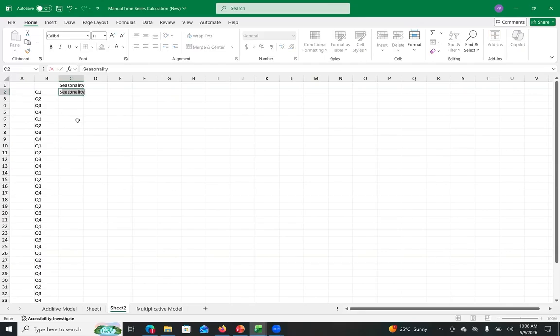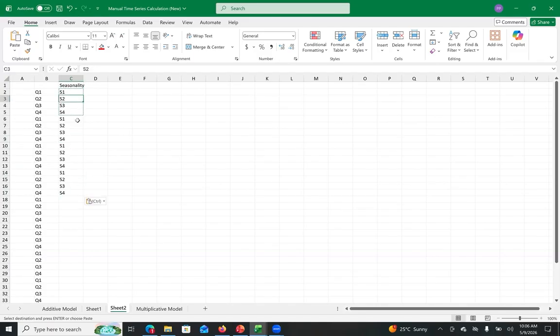Seasonality value 1, seasonality value 2, seasonality value 3, seasonality value 4, and then the same values will again repeat. Makes sense? The same value will repeat.